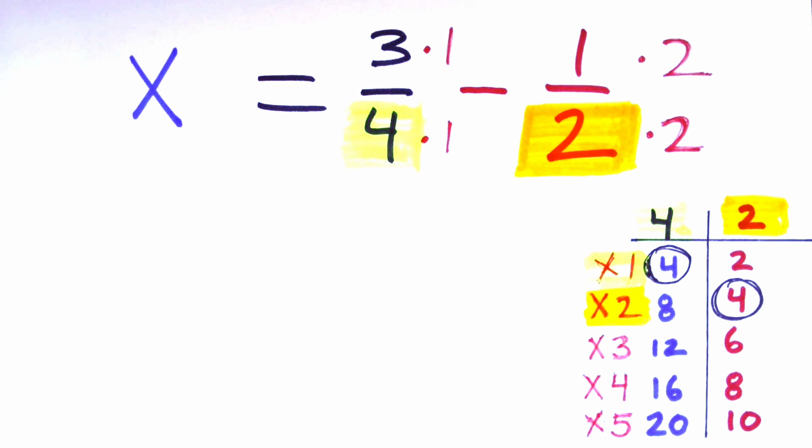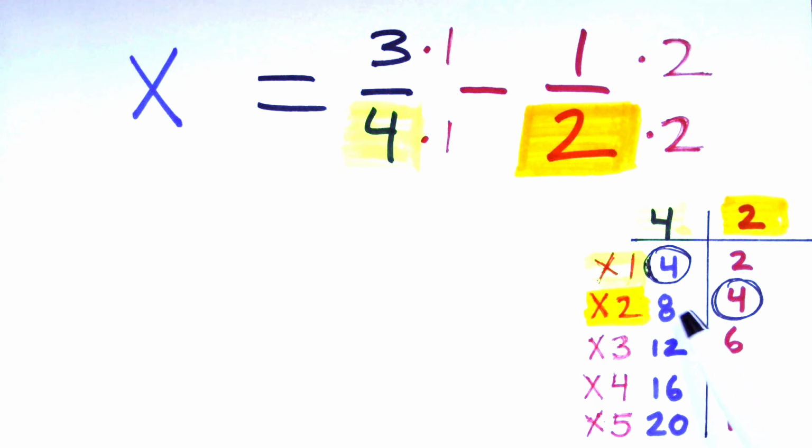So what I need to do is find the common denominator and multiply both top and bottom by that number. So 4 and 2 go to the top of my t-chart. I'm going to multiply both times 1, times 2, times 3, times 4, times 5. So 4 times 1 is 4, 4 times 2 is 8, 4 times 3 is 12, 4 times 4 is 16, and 4 times 5 is 20. 2 times 1 is 2, 2 times 2 is 4, times 3 is 6, 2 times 4 is 8, 2 times 5 is 10.